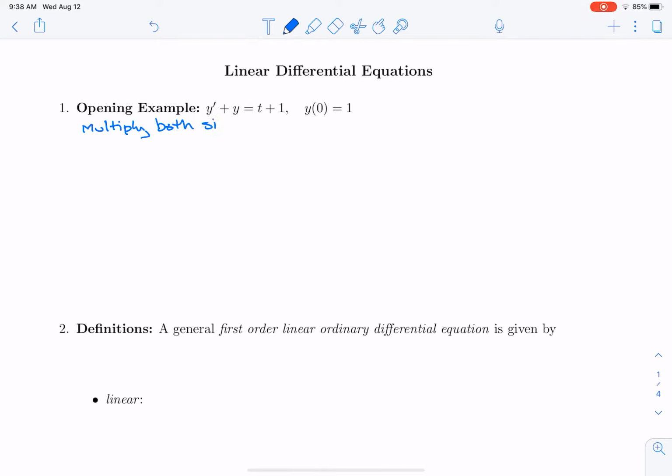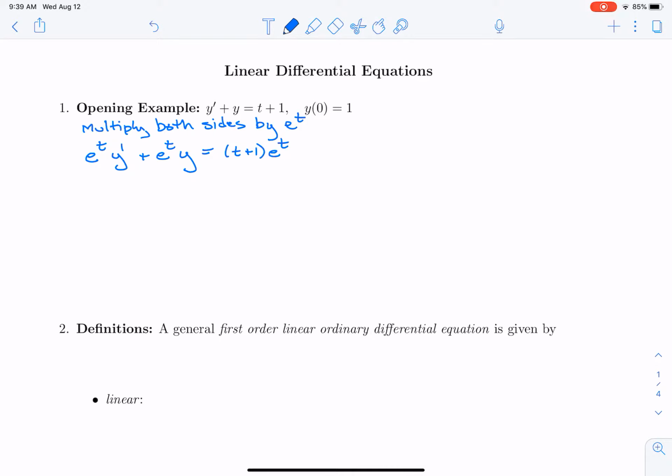Now this may seem mysterious right now, but I promise you that I'm going to motivate this technique in a little bit. So e to the t times y prime plus e to the t times y then equals t plus 1 times e to the t.